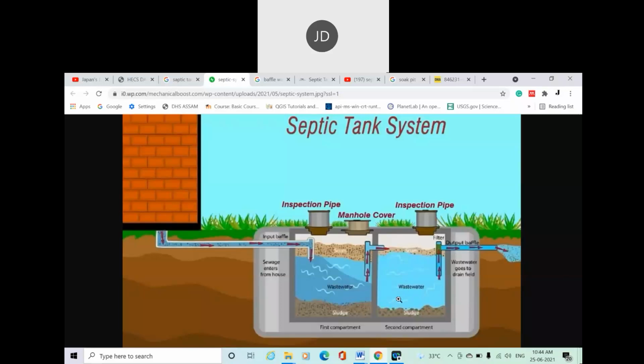In the second chamber also there is a facility for the settlement of the waste. After that, the wastewater will be taken out as effluent. The wastewater goes to the drain field. Some manholes and inspection pipes are also installed at the top roof of the septic tank.